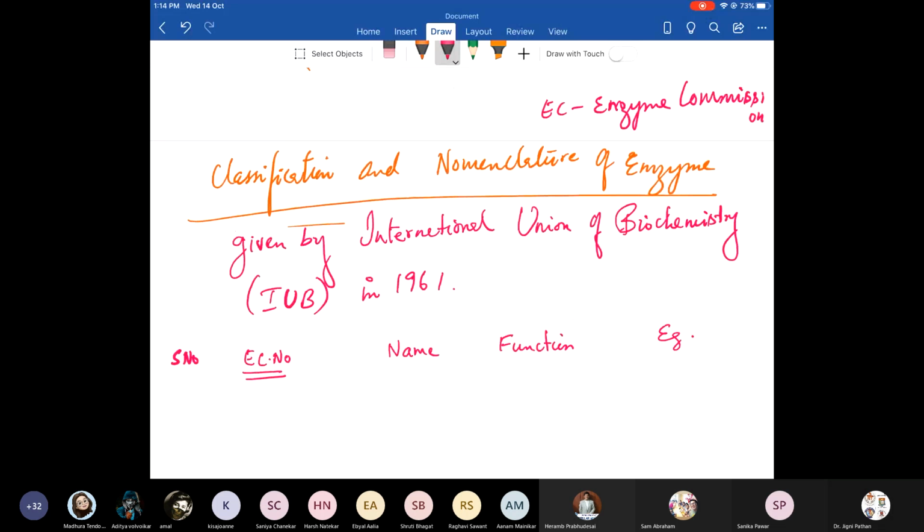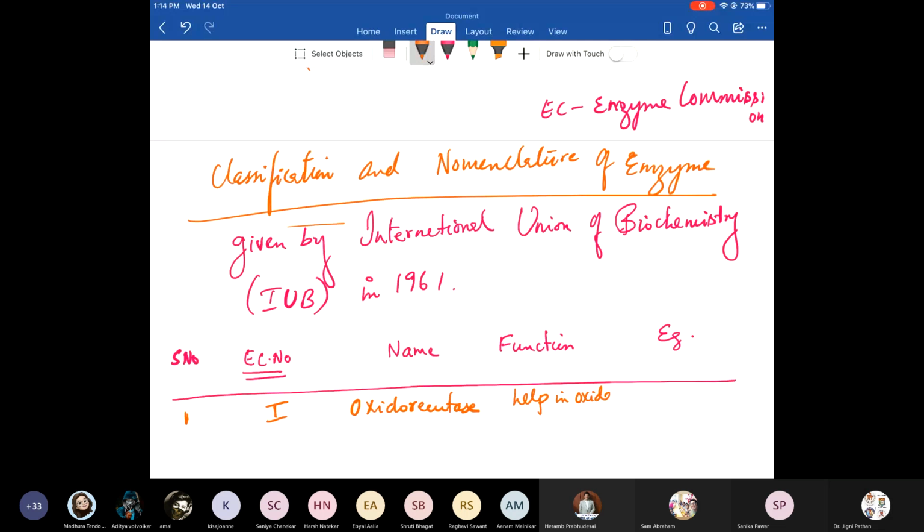The first one is Roman number 1. Name is oxidoreductase enzyme. They help in oxidation and reduction reactions. Function is help in oxidation and reduction of reaction.